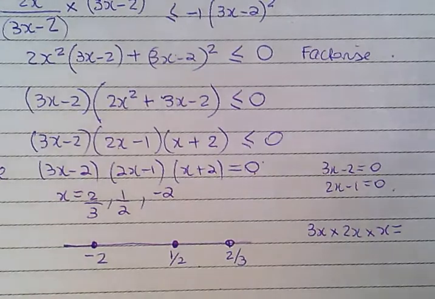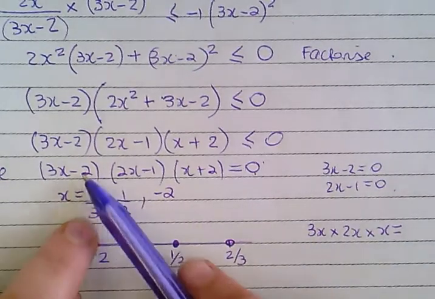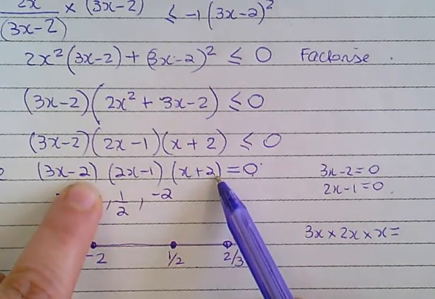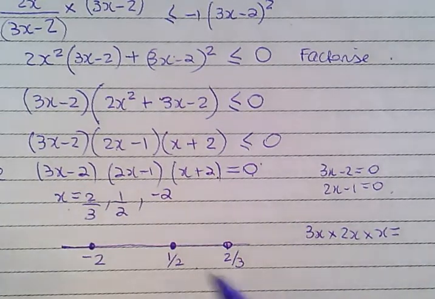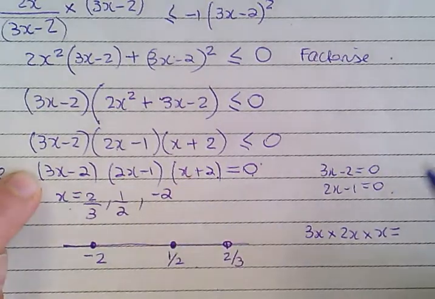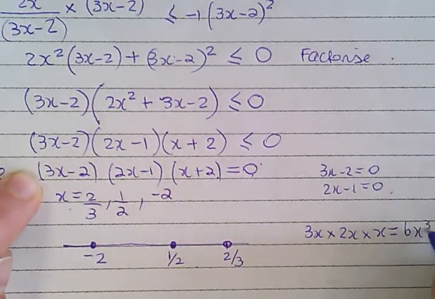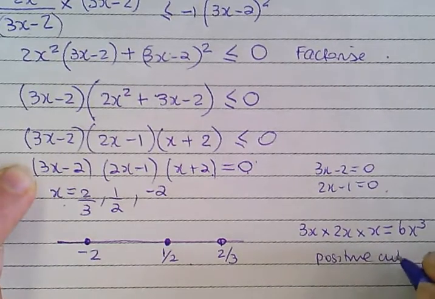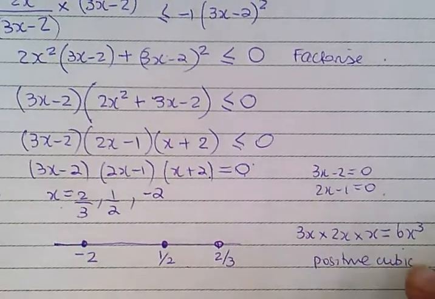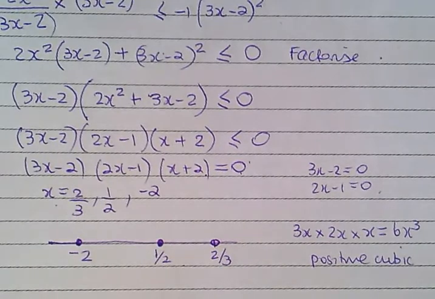I'd get lots of x squareds and lots of x terms, and I would only get one constant term as well. All right? We'll do this more when we do the polynomials topic, but 3x times 2x times x, that's 6x cubed. It is a positive cubic. Now, it doesn't matter if you don't know that yet. We are going to do this in the polynomials topic. We're going to learn how to sketch these, a whole lesson on it, right?